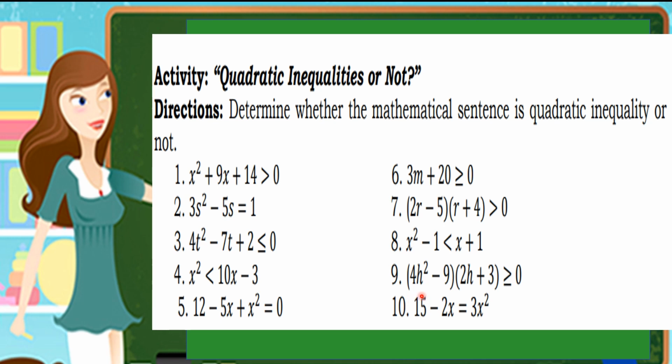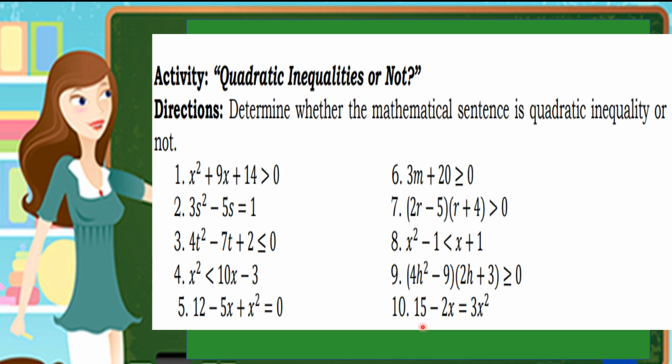Because if we simplify this, 4h squared times 2h is 8h cubed. And cube is not a quadratic. So therefore, this is not a quadratic inequality. Even though we use the inequality symbol, still, the highest exponent of the variable is not 2. So, hindi siya quadratic inequality.